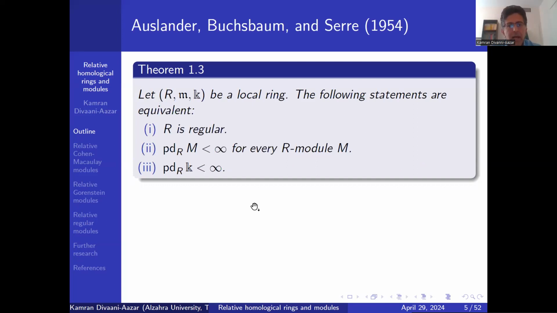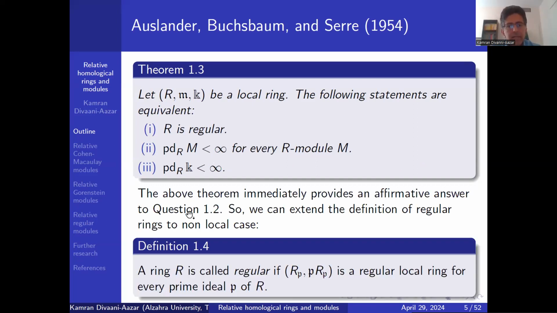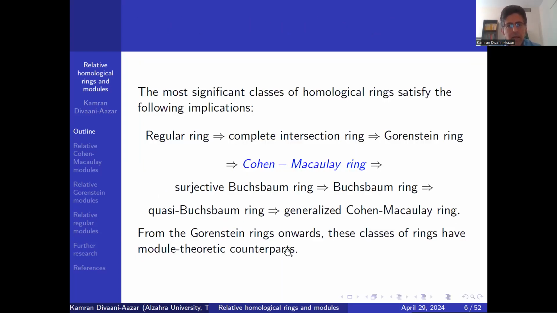And then we have this characterization. We can extend the definition of regular local rings to arbitrary rings, not necessarily local. So we can define a ring R to be regular if its localizations at every prime ideal are regular local. So we extend the definition of regular rings to general Noetherian rings.